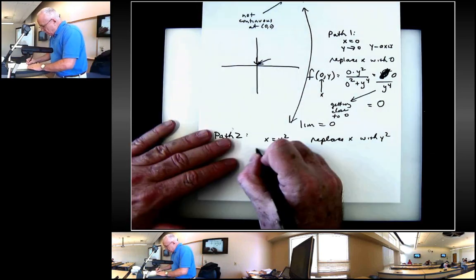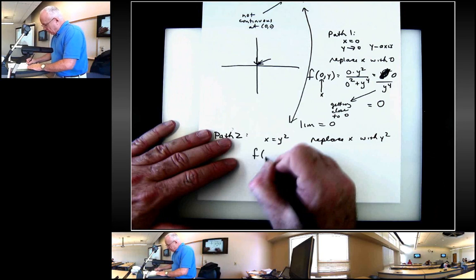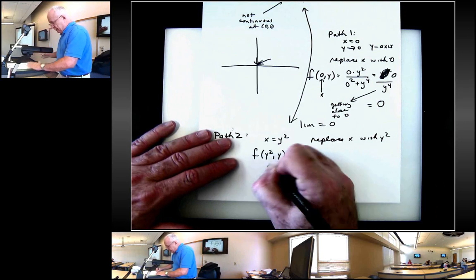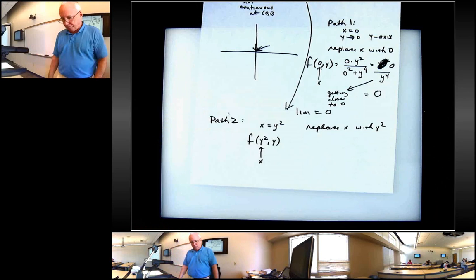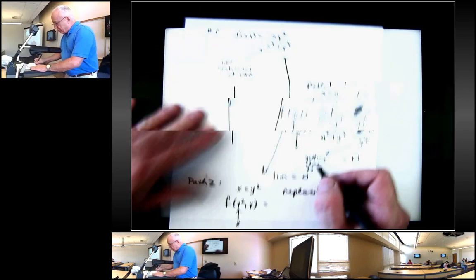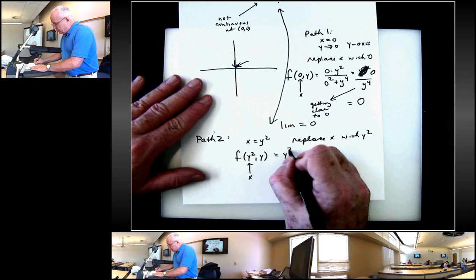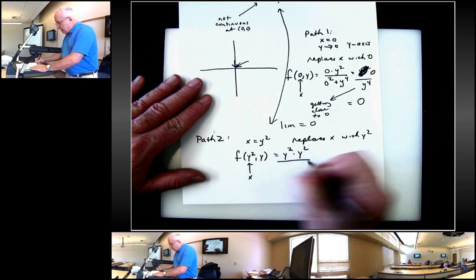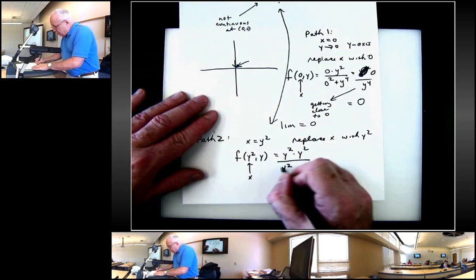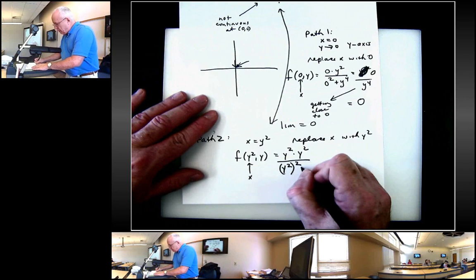So now our function is going to be y squared comma y, because we're replacing the x with y squared. And so we have x times y, so that's going to be y squared times y, over x squared, so that's y squared squared plus y to the 4th.